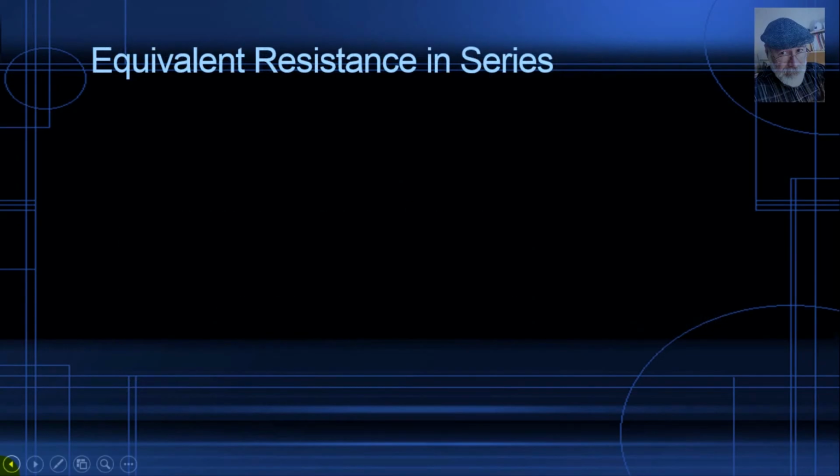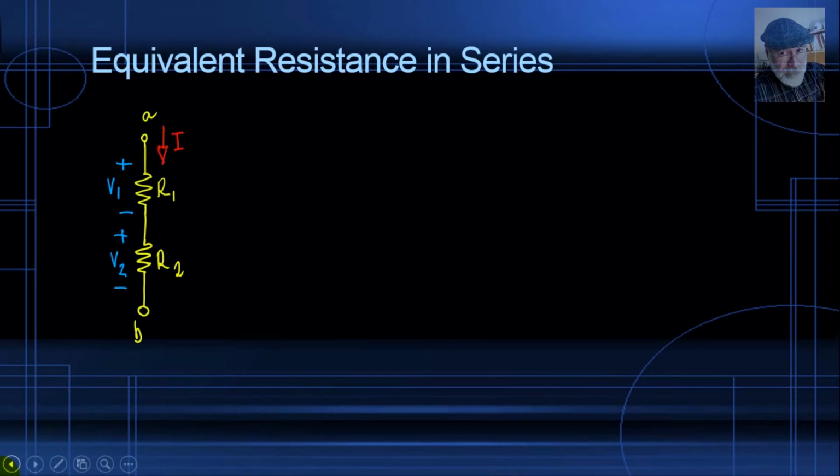Let's begin with resistors in series. How we find an equivalent resistor of two resistors in series. Take resistors R1 and R2 in series between nodes A and B. There is the branch current I, and that current I produces, according to Ohm's law, a voltage drop in resistor R1 and a voltage drop in resistor R2.